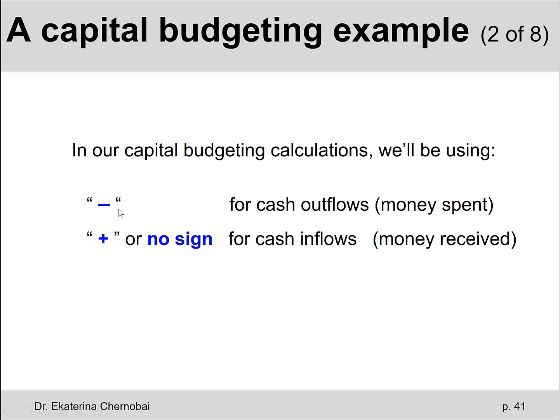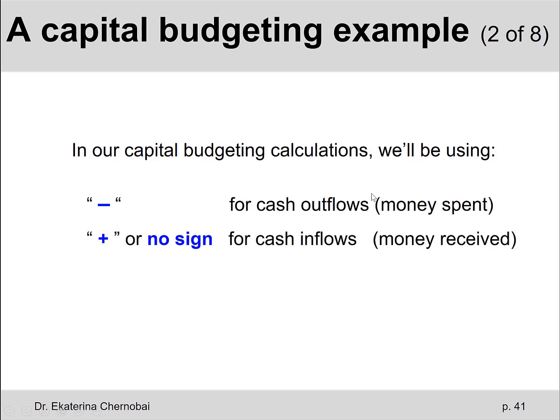So there are different ways you write down your numbers when you do the math. It's common to use a negative sign for cash outflows when the money is spent, and no sign at all or a plus sign for cash inflows or money received.